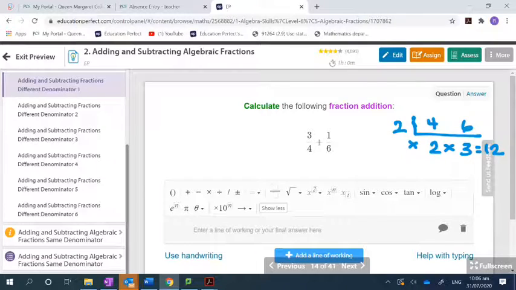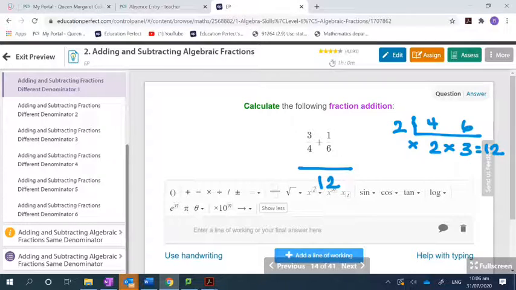All right. Now, I'm going to rewrite my fraction using my new denominator, right? So my new denominator is 12. But if I change the denominator, what else must I change? The numerator. And I'm going to use that pattern, and the pattern is called what?